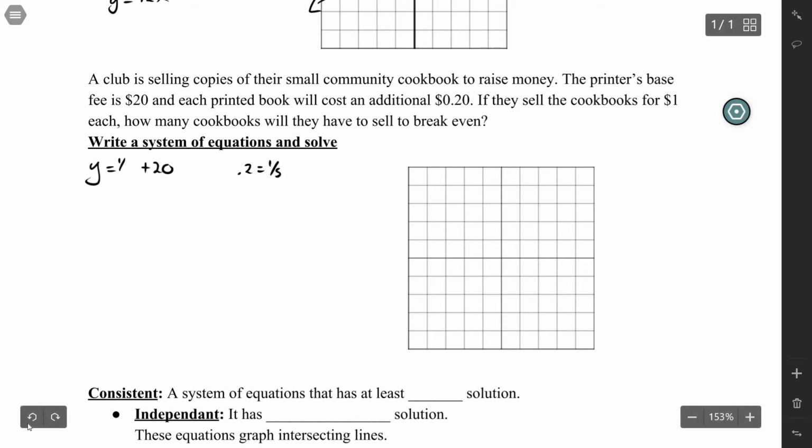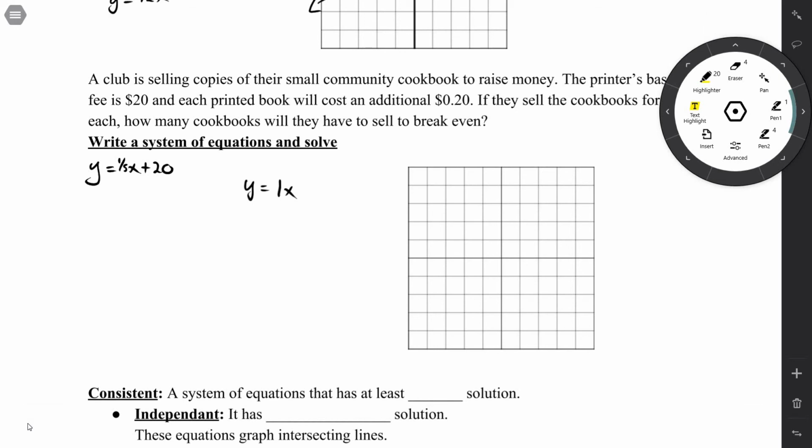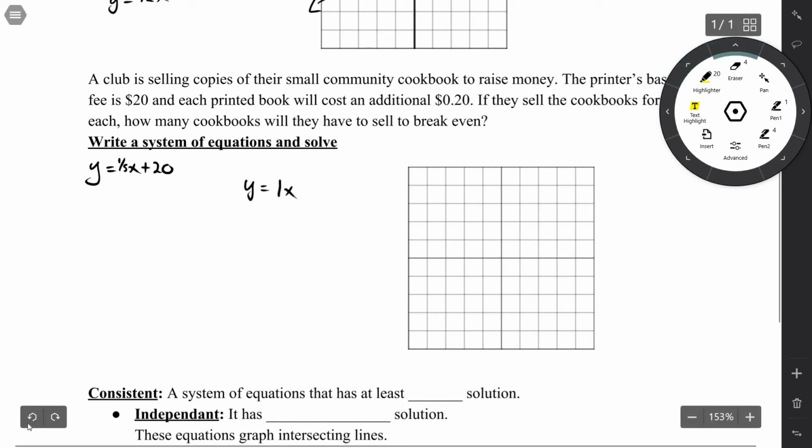So I'll do 1/5 x. And for the profit of these books, well, that's just y equals 1x. They're gaining $1 for every book that they sell. So I'll say y equals x.